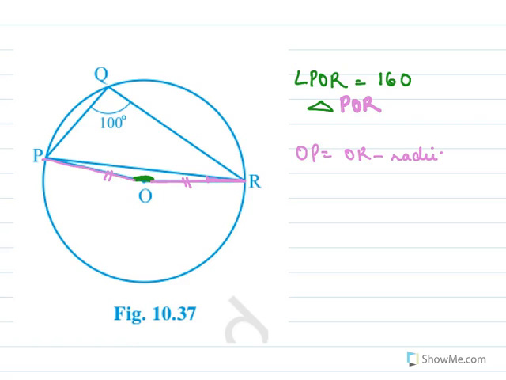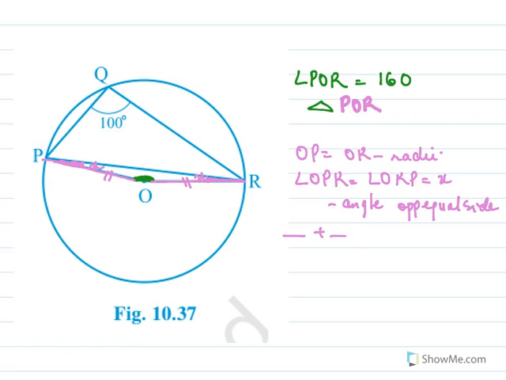So this angle here will be equal to this angle here, which is angle OPR equal to angle ORP. Say equal to X. Angles opposite equal sides. So I have X, this is X, and this angle is X.